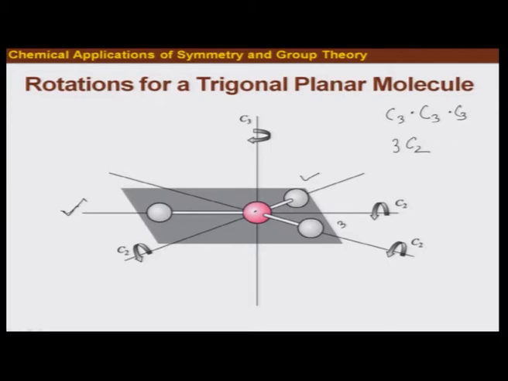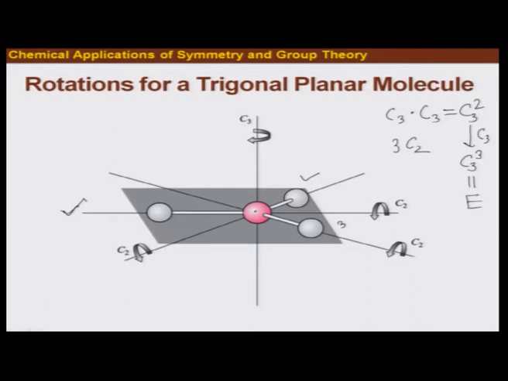So if you do two successive C3s, then you have something called C3 squared. We will talk about these things much later. And similarly, you add one more C3 into this, and you have C3 cubed, which again is nothing but the identity operation. We have already discussed that.